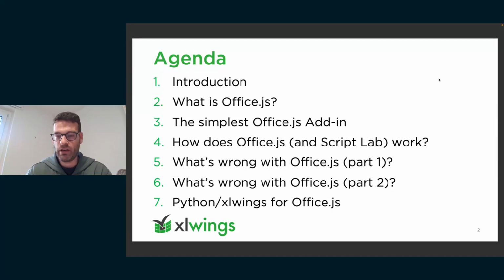And then we're gonna get to the points like, which parts are difficult in Office.js. So split that into two parts before we then can finally, once we know enough, move on to number 7 and see how Python and also xlwings come into play and can hopefully make a few things easier.